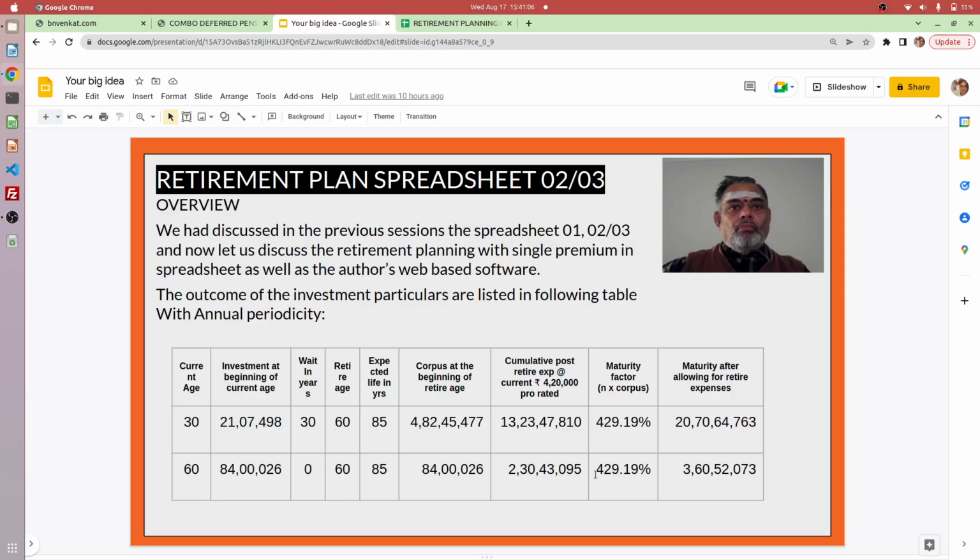Therefore, the multiplication factor is the same, and the corpus is the same as the investment, 84 lakhs only. 4.29 times 84 lakhs is 3.6 crore, and we would have got 2.3 crore as the pension benefit.